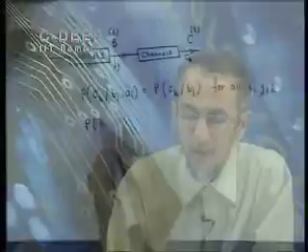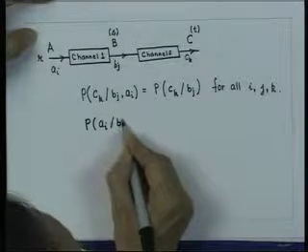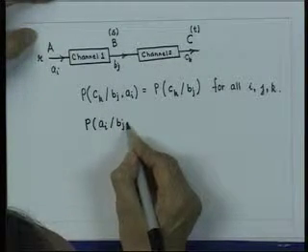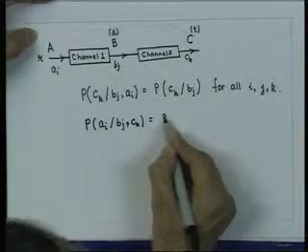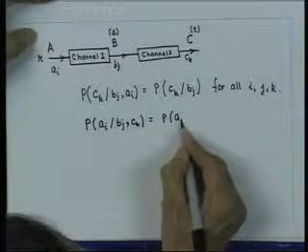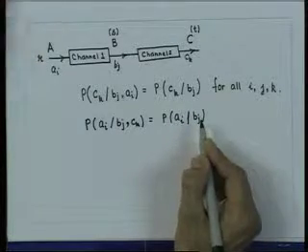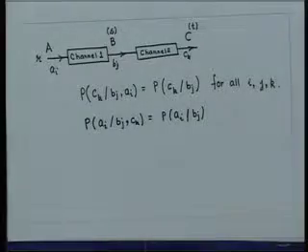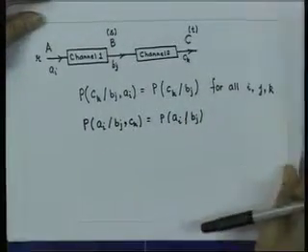So, we can show that probability of A_i given B_j, C_k is equal to probability of A_i given B_j. Let us try to prove this relationship.